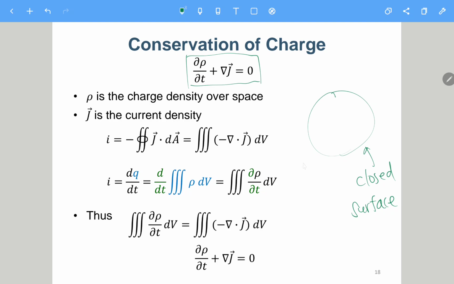Which means that if it is going in, the current is positive, because for this double integral we always define dA to be pointing outside. So if J is also pointing outside, then this double integral is positive, and then we put a negative sign, which means that if J is going inside, I will be positive.